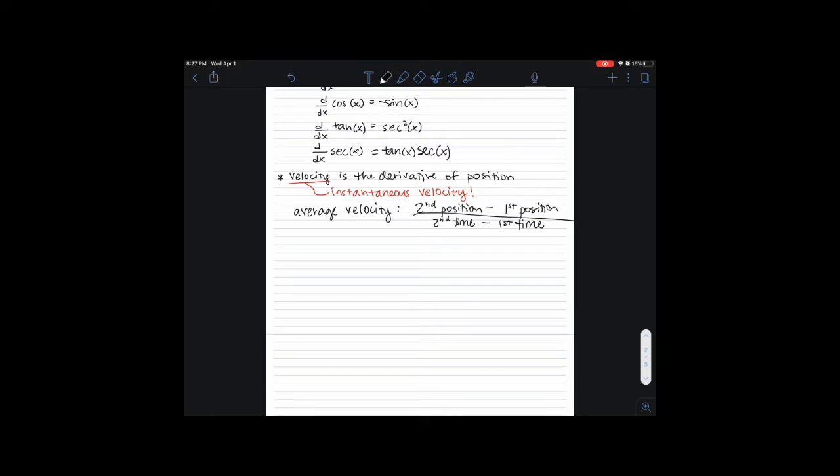If you're given a graph, just use your common sense as to whether or not something might represent the slope at a given point. For example, if I have a graph that looks like this, and it goes like this, let's say this is time and this is position, then my average velocity for this guy is to take this position and this time and average it out.